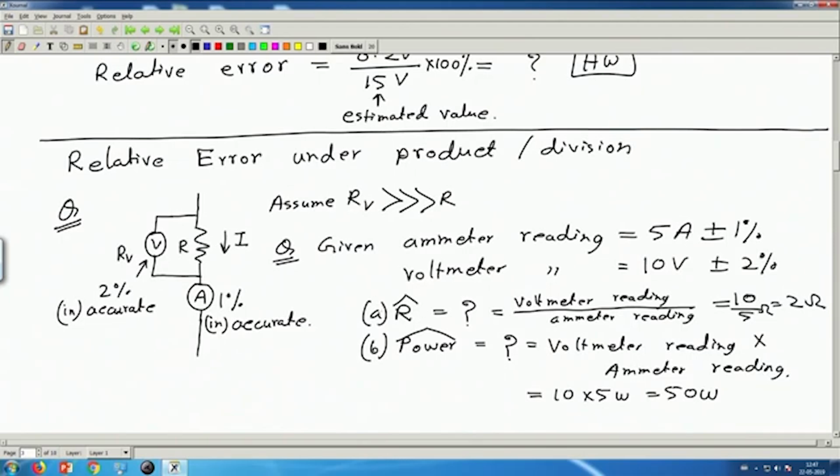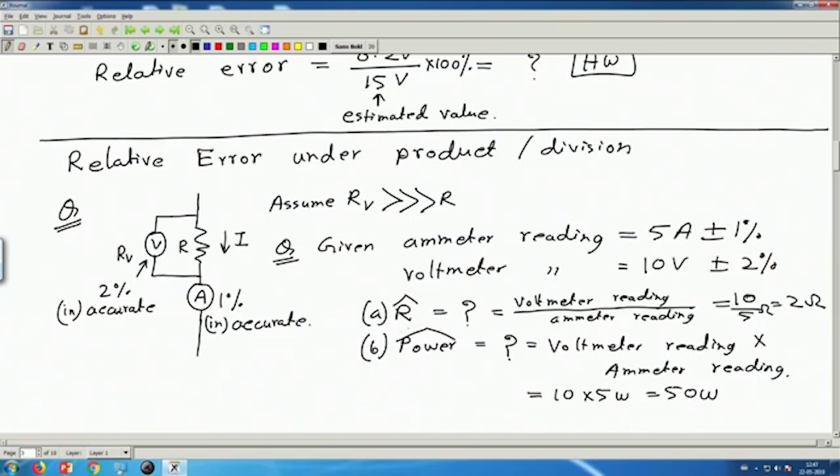So this resistance will be, voltmeter reading is 10, this is 5, so 10 by 5 is equal to 2 ohm, and in this case this is 10 into 5 watt, so this is 50 watt. Okay, so this is the estimated value of R, and this is the estimated value of power.